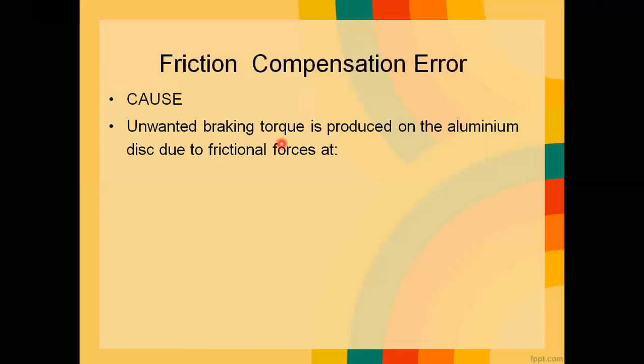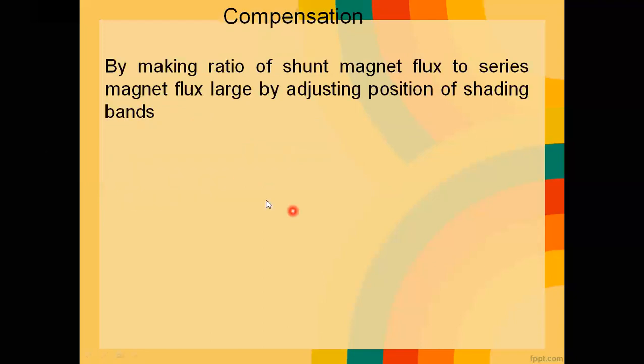Unwanted braking torque is produced on the aluminum disc due to frictional forces at the disc bearing and register mechanism. So we have a pinion on one side and a pivot on the other side.